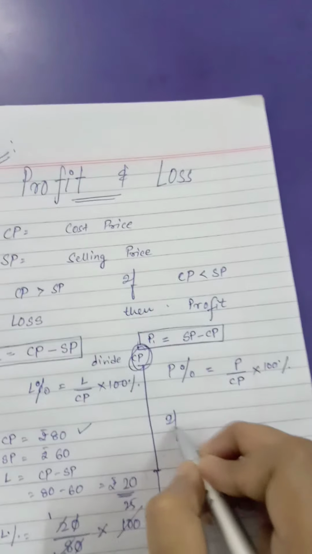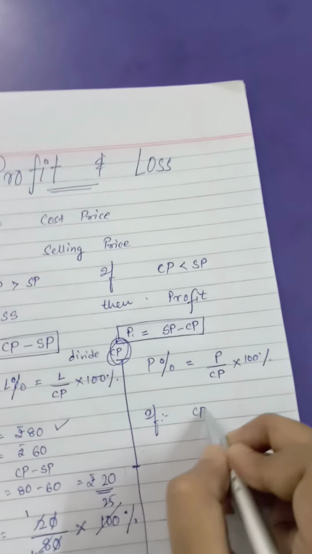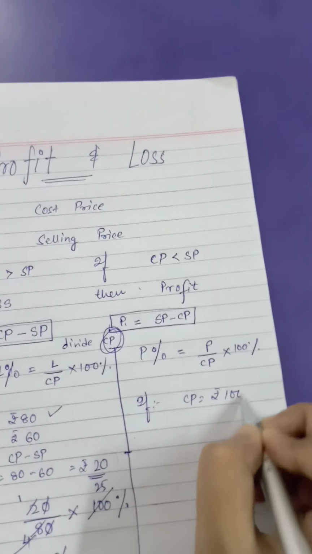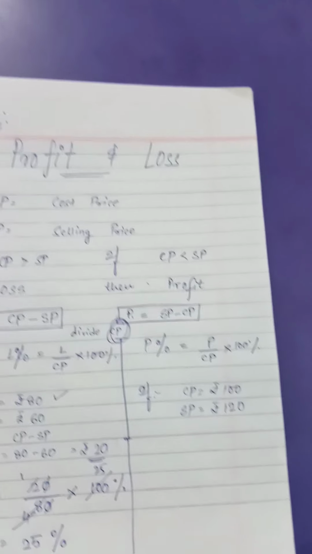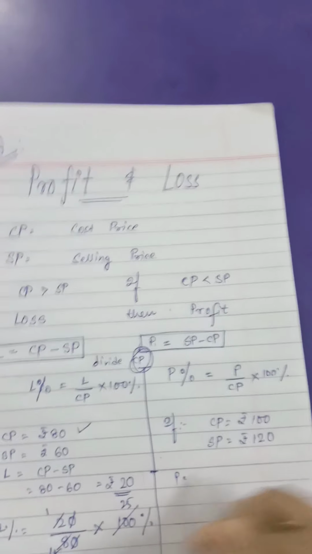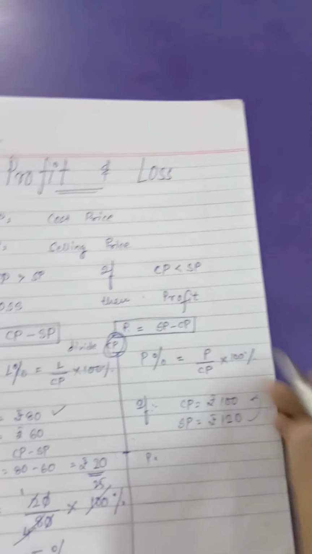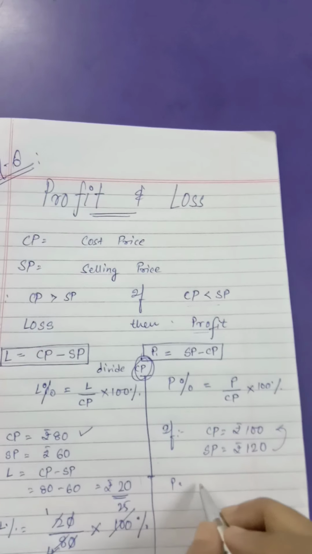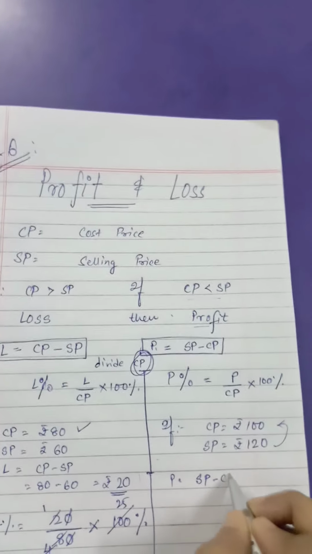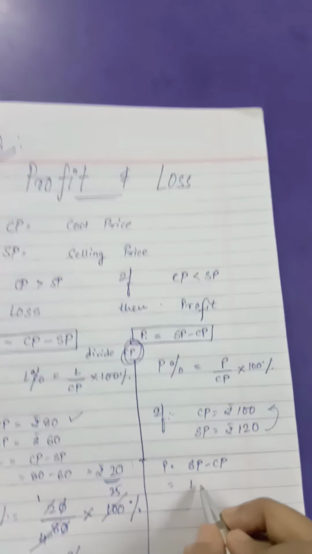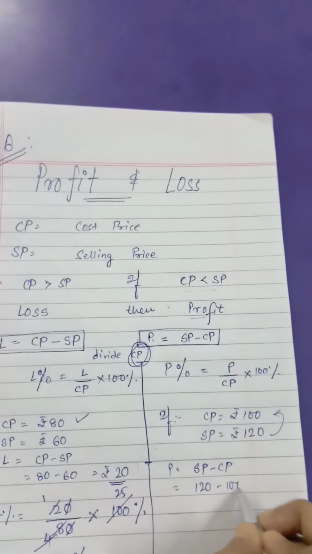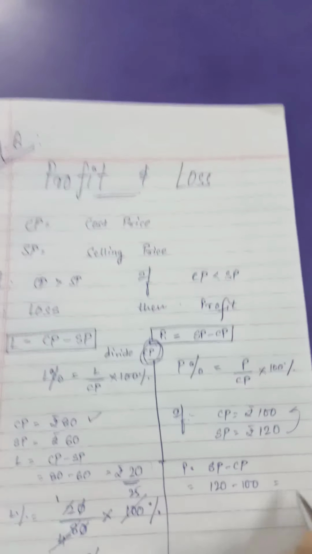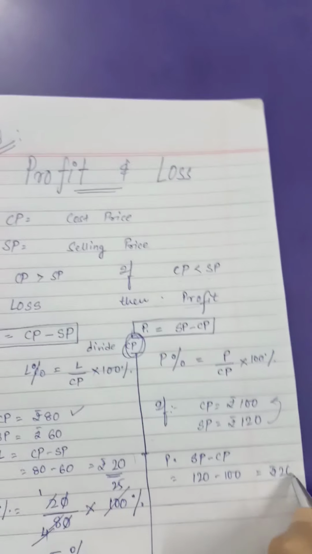Now let us consider another example where CP is rupees 100, selling price is rupees 120. Now the selling price is more than the cost price, which means we have a profit. So profit is equal to SP minus CP, that is 120 minus 100, which means rupees 20.